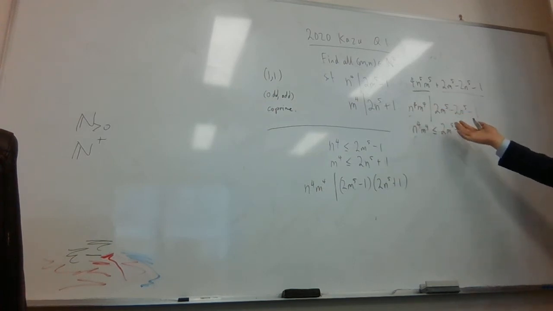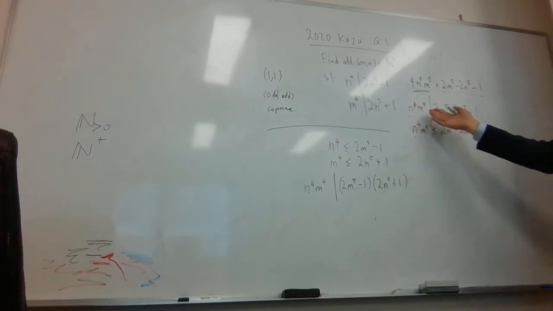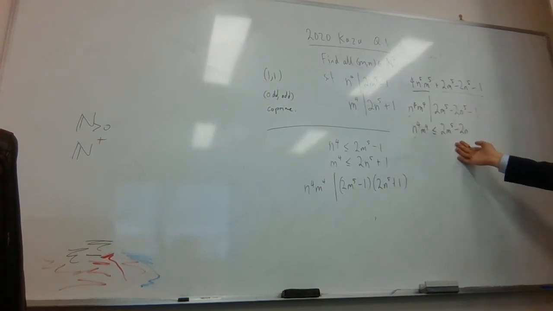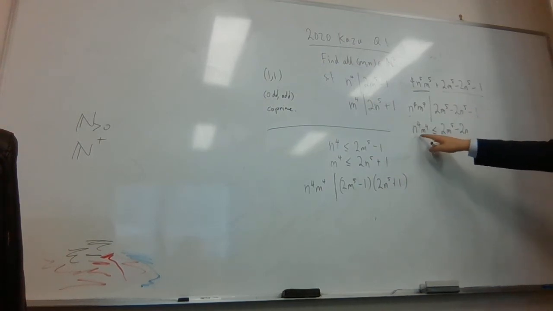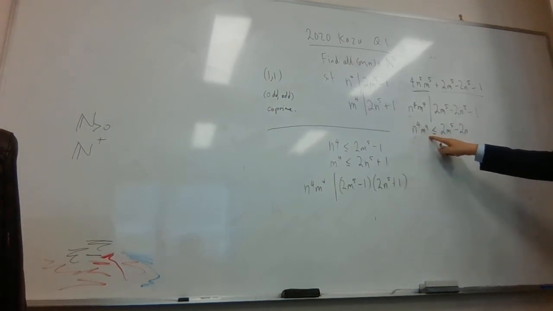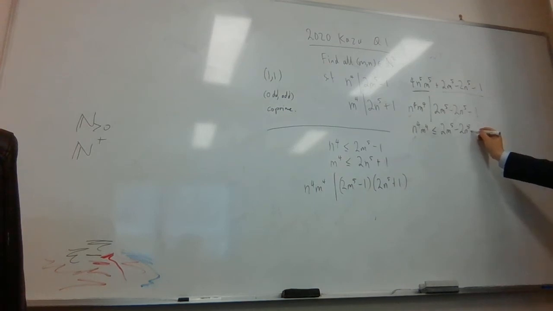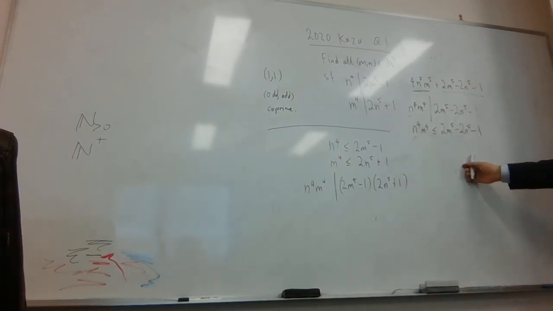That's really what we're going for here. This is big, that's not so big. So if it divides that, I'm concluding that n to the 4, m to the 4 is less than or equal to this to the 5 minus 1. Is there anything wrong with what I did just then? No.